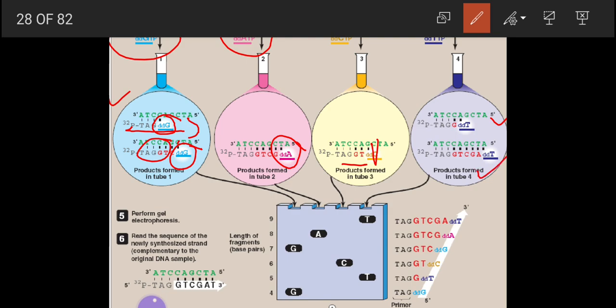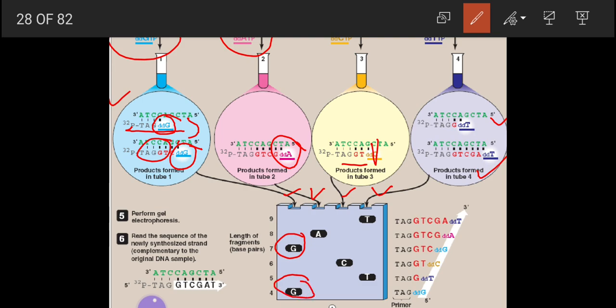In the next step, we will do polyacrylamide gel electrophoresis. There are 4 types of samples. They are allowed to run on the electrophoresis, and in the first lane we will have 2 types of fragments.